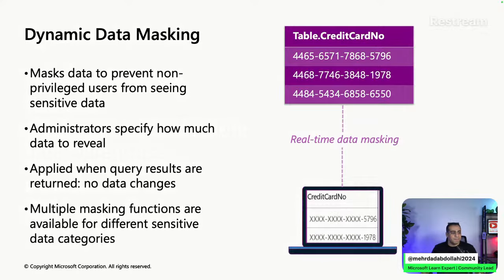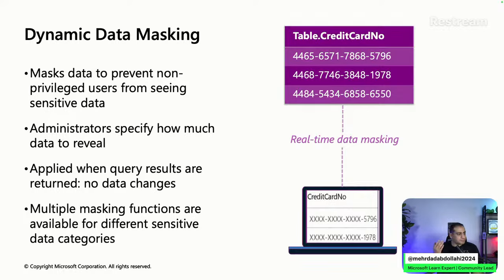Like some confidential things like a credit card number, email address, phone number, first name and last name, and so on and so forth, right? So it is the way of hiding the sensitive data from unauthorized people in your organization.